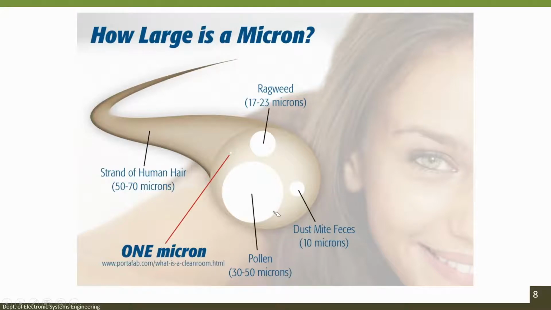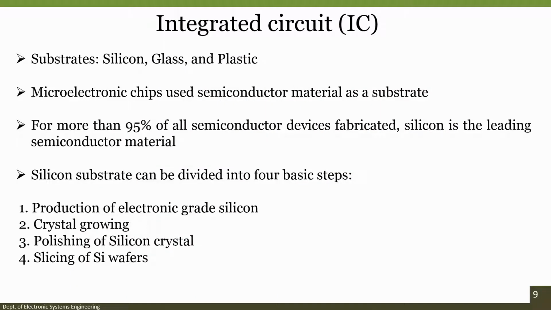Dust mites are around 10 microns, while what we are talking about is 1 micron. You can see, compared to all this, 1 micron is the white spot. Right. This is how large a micron is. You can just imagine that this is what we are talking about, and we are not just talking about microns, we are also talking about nanotechnology.